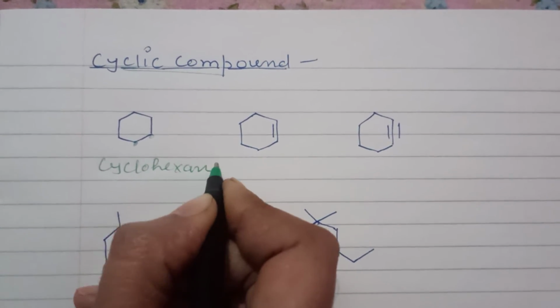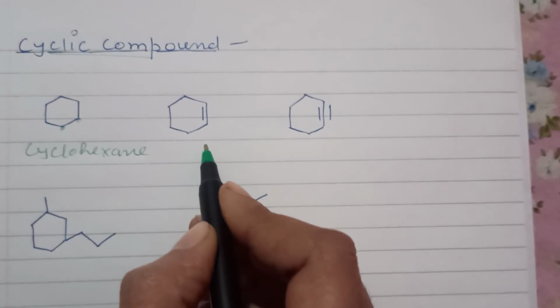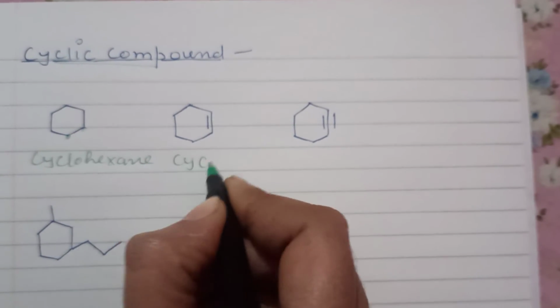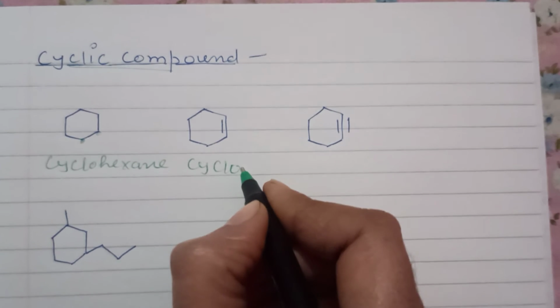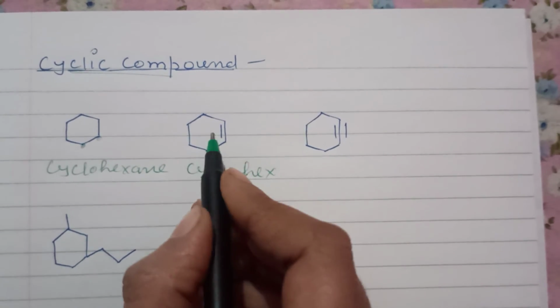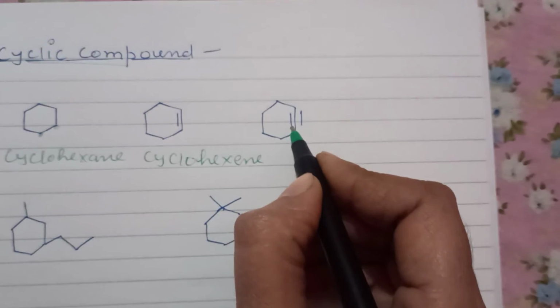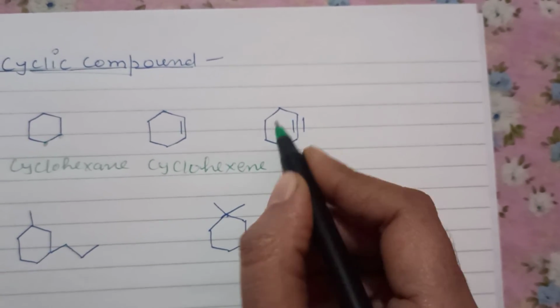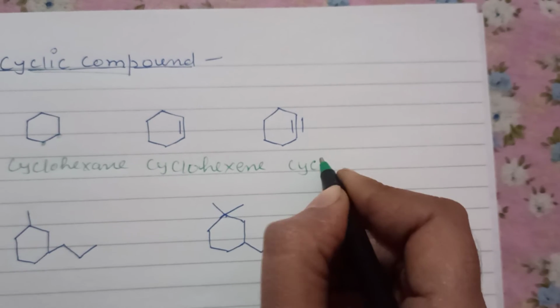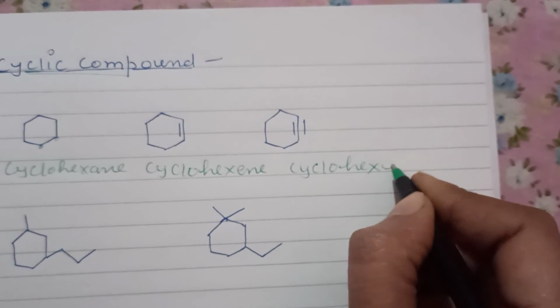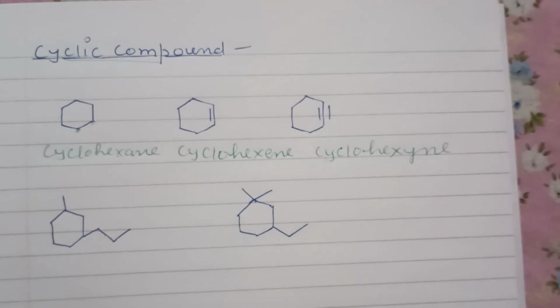Okay, no problem. For this one compound, how you will write? 6 carbon atom and cyclic compound, so first write cyclo and hex, but you are seeing there is double bond, so ene you will write. Okay, if we talk about this one compound, then cyclic compound, cyclo, hex, triple bond, yne you will tell, right?